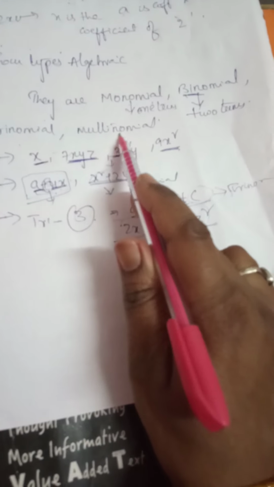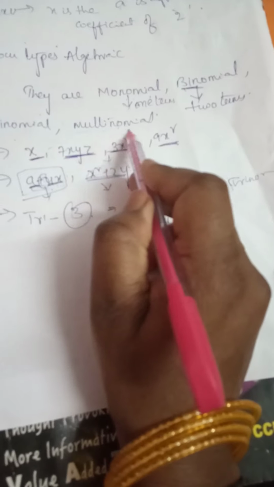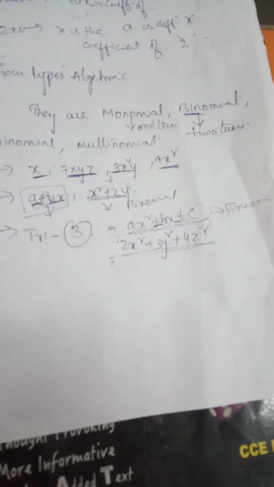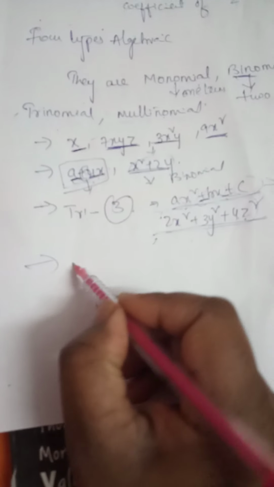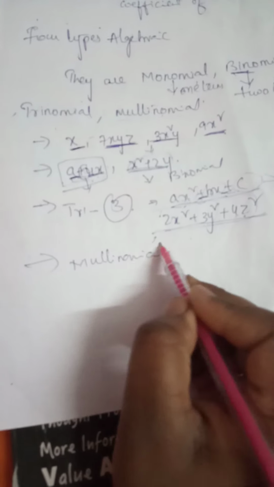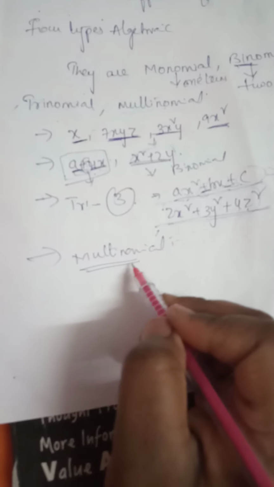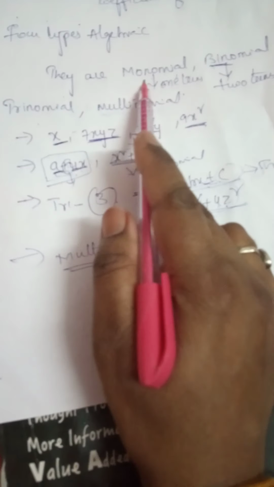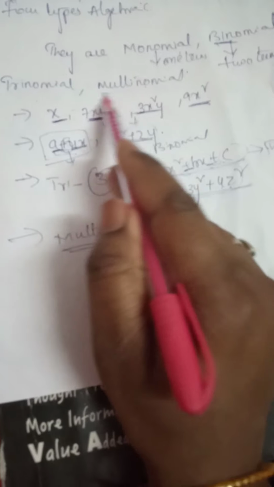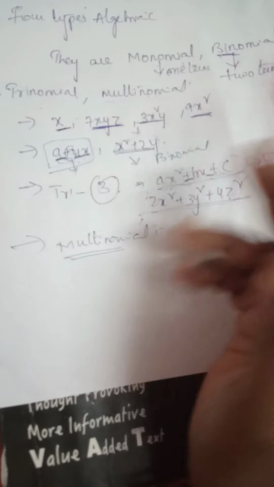Last but not least is the multinomial expression. Multi means more. Here in the question itself we can understand: mono 1, bi 2, tri 3, and multi means more than one term.